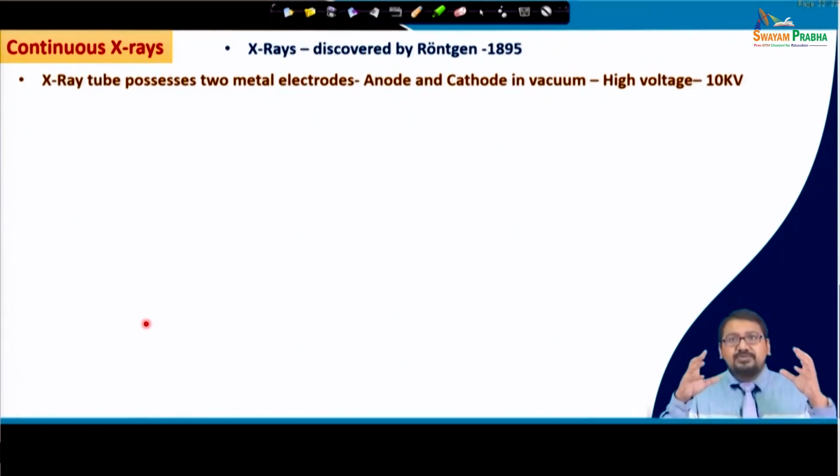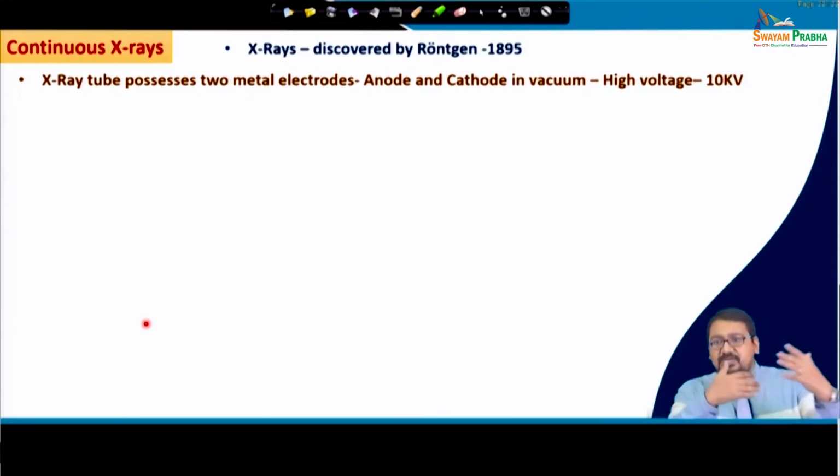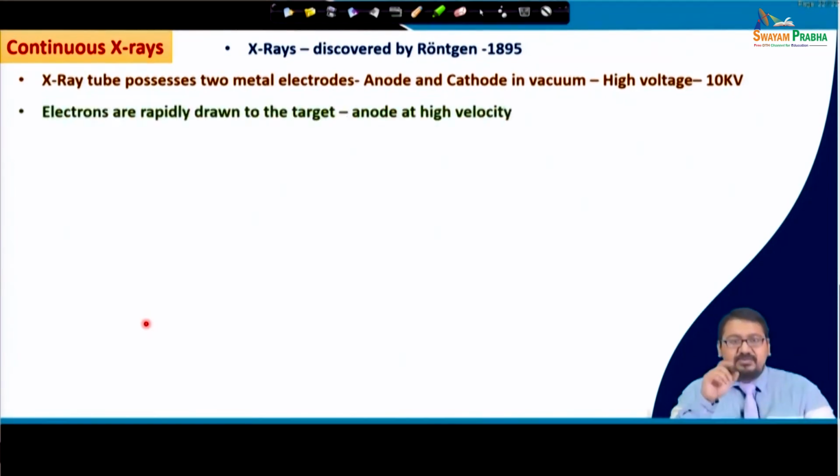These two electrodes inside a tube are kept at a very high vacuum, and when a voltage is applied between the anode and the cathode, which are separated from each other, say it is increased from 1 kilovolt to 3-4 kilovolts to 10 kilovolts, and the voltage is constantly increasing, then electrons start to generate and travel towards the anode.